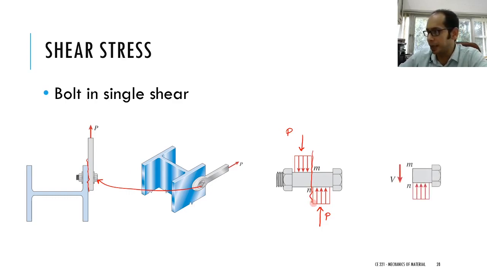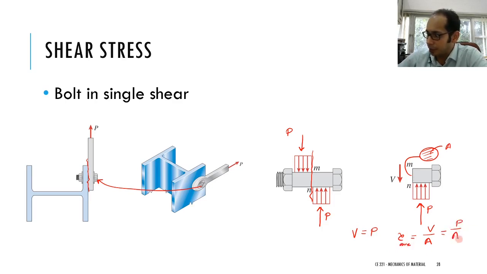If this is the shear force acting on this surface, and I draw how this cross section looks, maybe a circular cross section with area A, and this V, remember if this was my P, this V must be equal to P. So you have tau equals V divided by A, or again tau average equals P divided by A. So this is another example of the bolt in single shear.